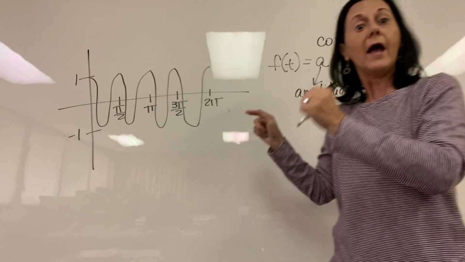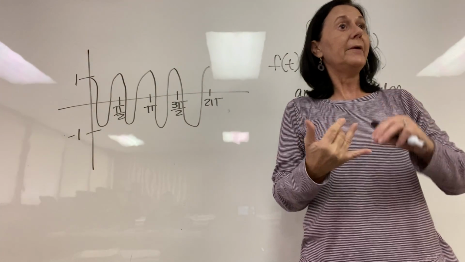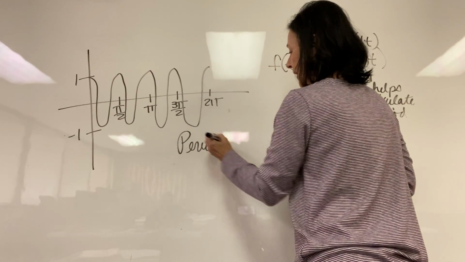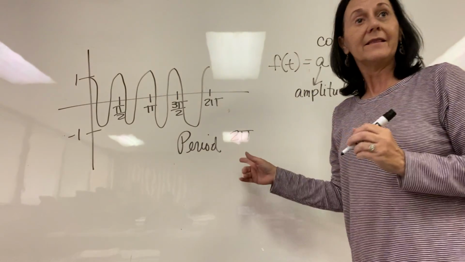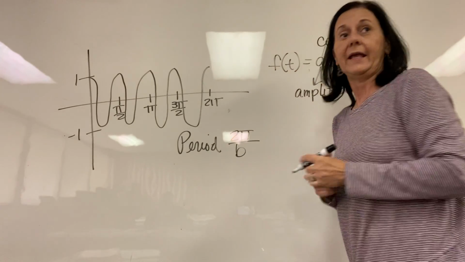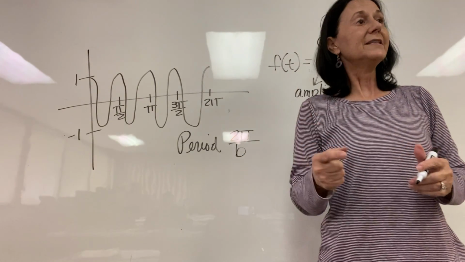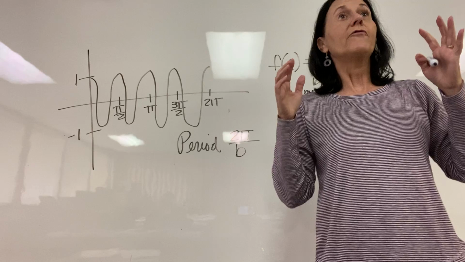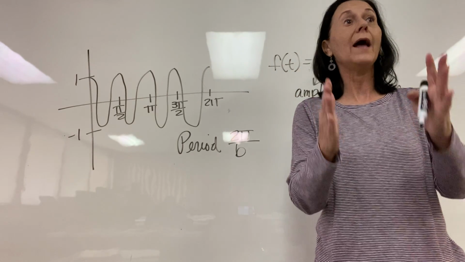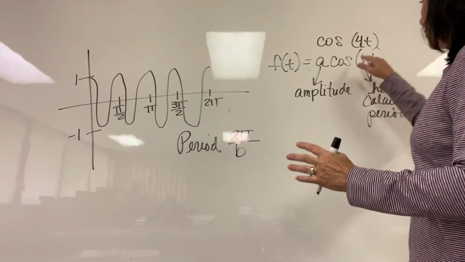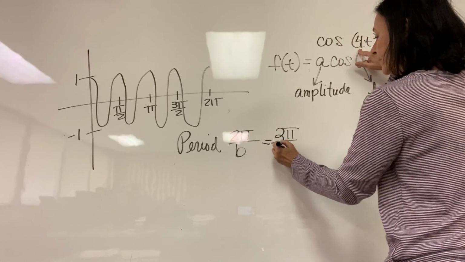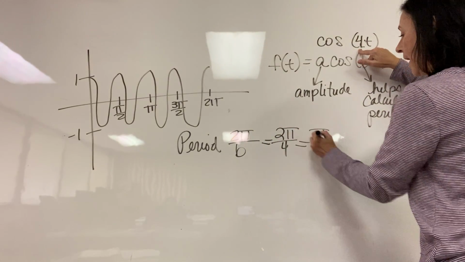But it also helps me calculate the period. Here's the formula for the period. The period is 2 pi, the length of your standard cycle, over the value of B. The period tells me over what radians it takes to complete one cycle. So using this example, my period would be 2 pi over 4, which is pi over 2.